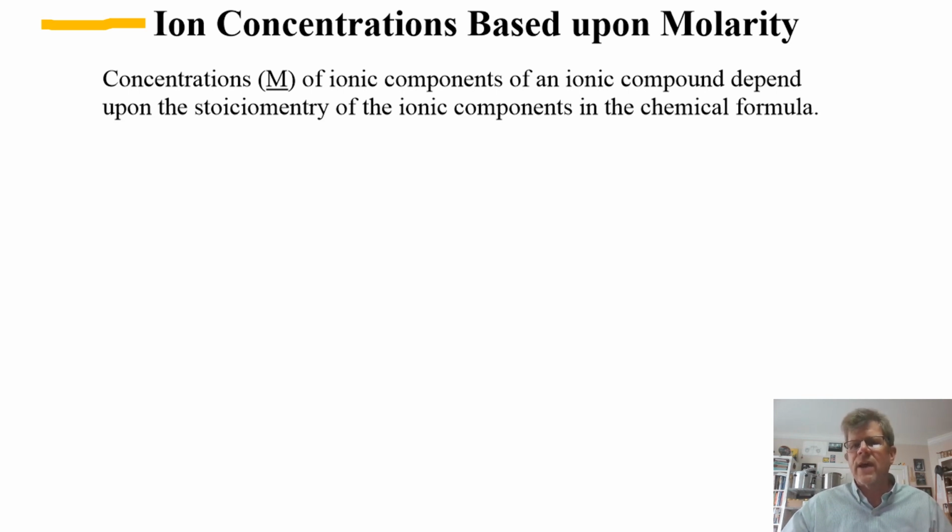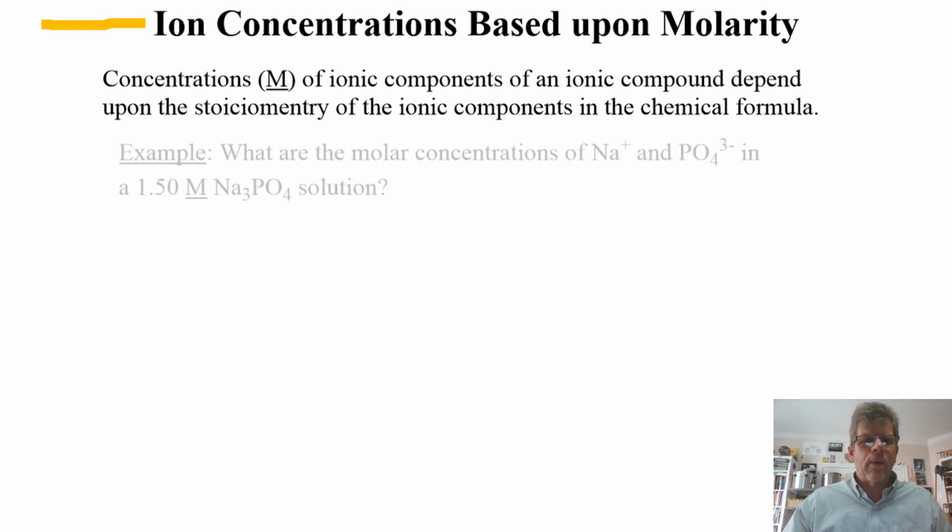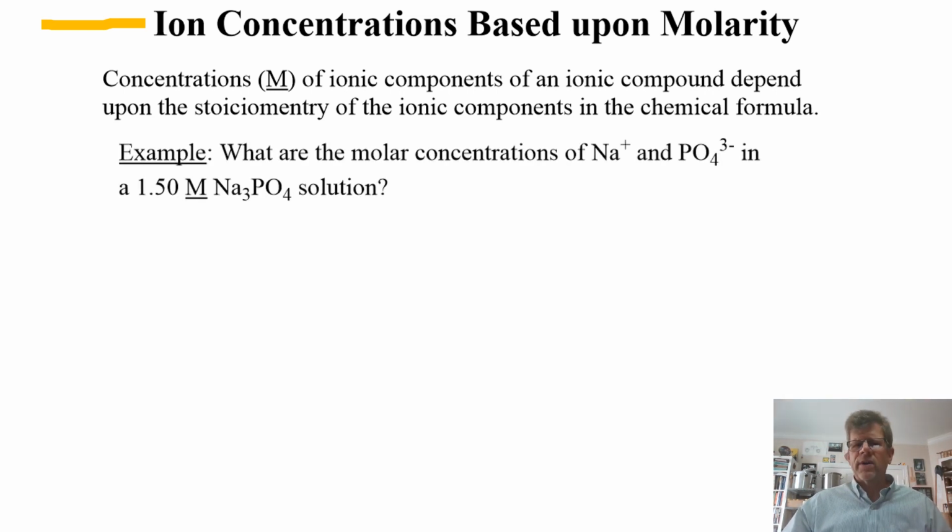Let's look at an example where we could have a different molarity of the compound than the molarity would be of one of its constituent ions. Well, an example would be, what are the molar concentrations of sodium, Na+, and phosphate, PO4 3-, in a 1.5 molar sodium phosphate solution? So how do we go about this?